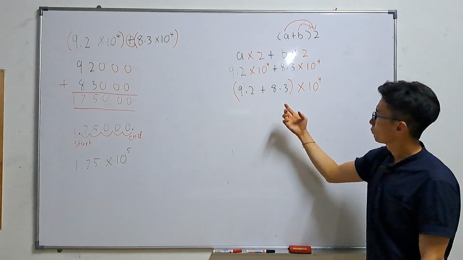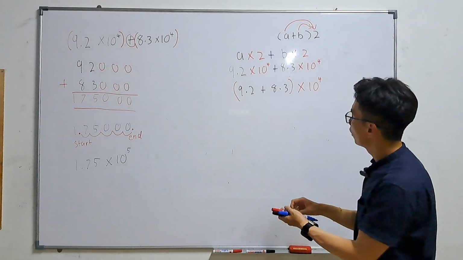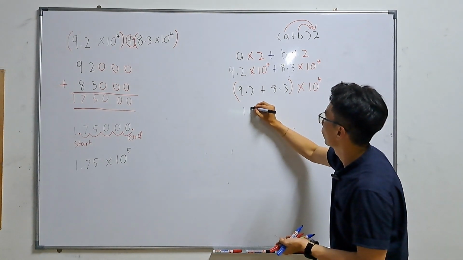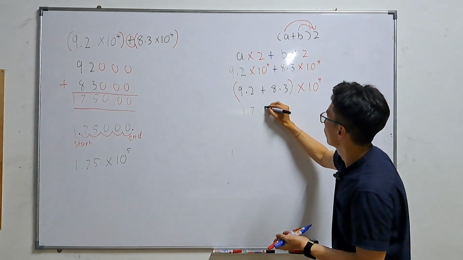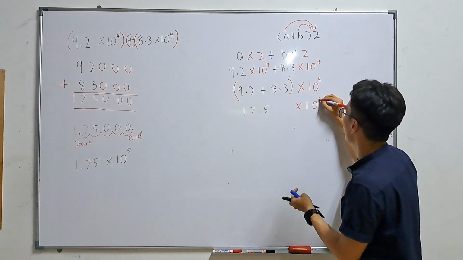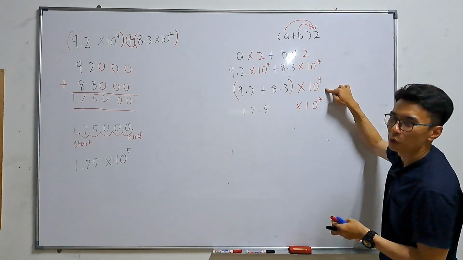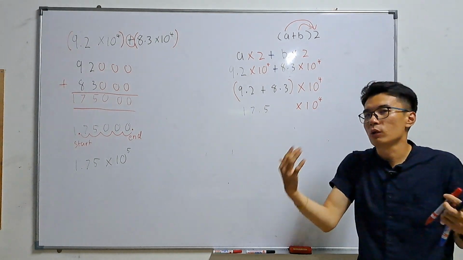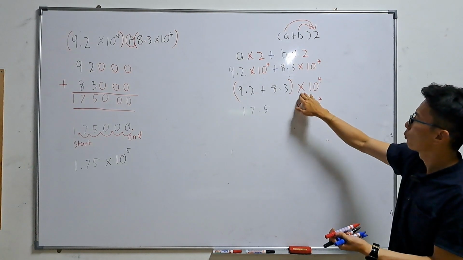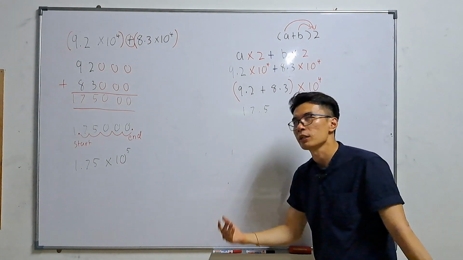Now, in the end, let's solve this. 9.2 plus 8.3, we should get 17.3 times 10 to the power of 4. Now that is the reason why I put the 10 over here, because based on our question, we want to write our answer in standard form. So I will prefer to put it on the left instead of on the right. But it's the same thing, you can rearrange it anytime.